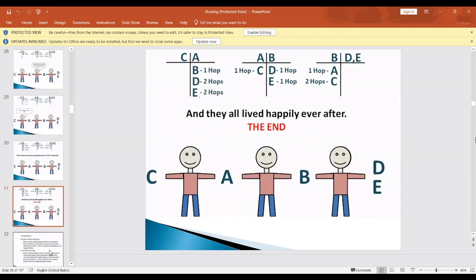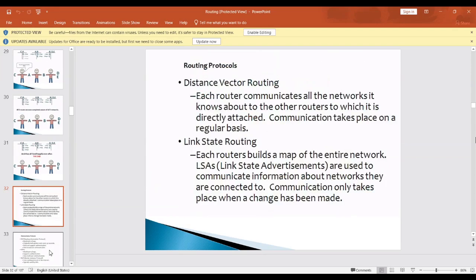Then it will be more convenient for them to communicate with each other, and they will never make mistakes when forwarding packets to their desired destination. So this is simply how we can explain how these routers work together to route information to the correct destination.